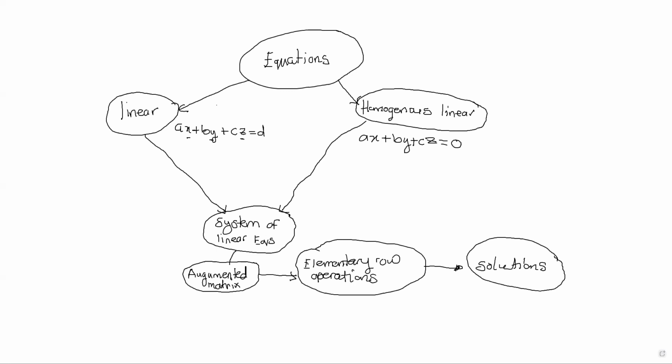I'm just gonna make another page here. So we have elementary row operations, and there are 3 of them.